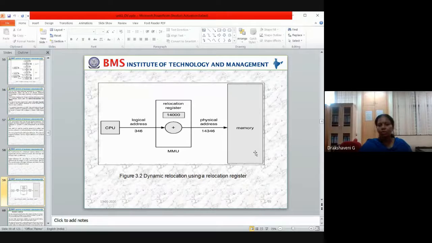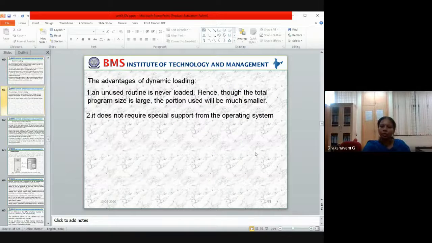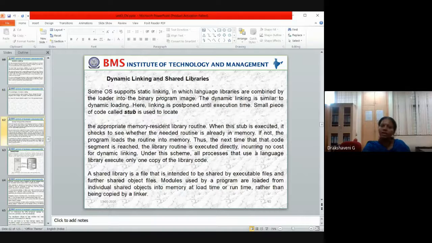The address in the CPU where the program resides is called the logical address, and the address where the program resides in main memory is called the physical address. We have also seen dynamic loading, how your program is loaded dynamically, along with its advantages, and dynamic linking and shared libraries.